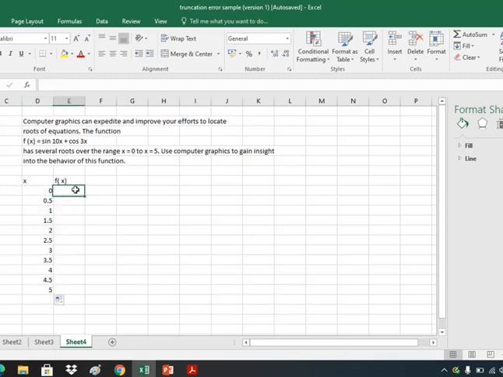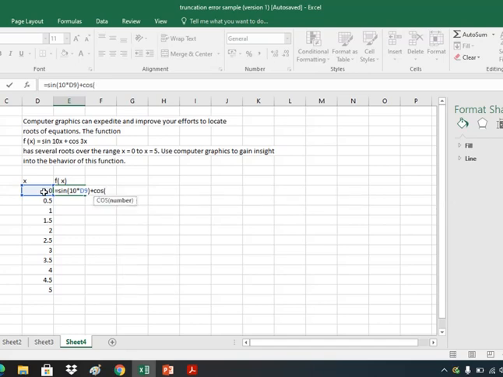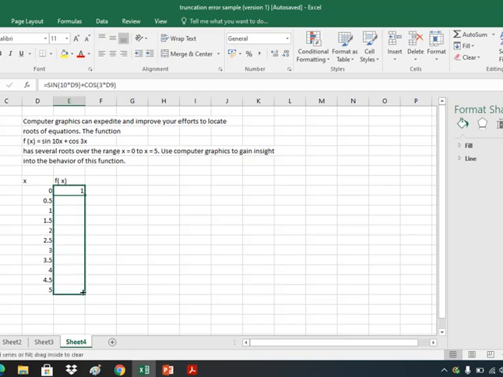So there you go. So f of x is equal to sine 10x. So sine 10 times the value of x plus cosine of 3 multiplied by the value of x again. Let's check. So the value is equal to 1. Then drag lang natin pababa. Okay, so na ay mga changes.